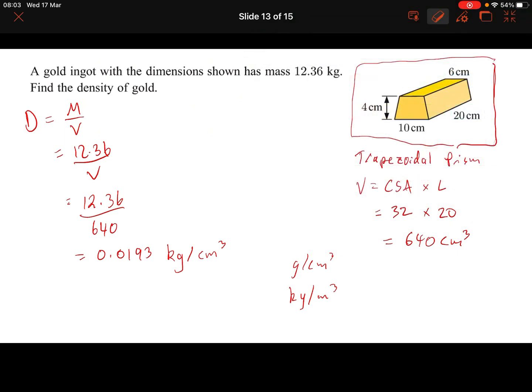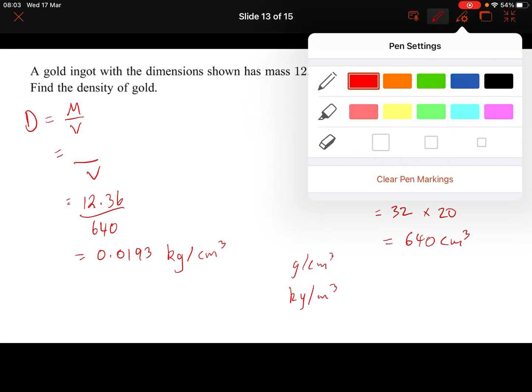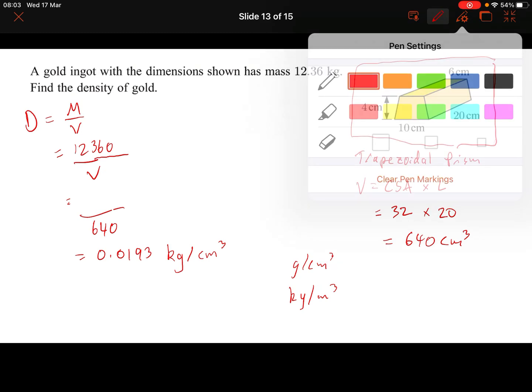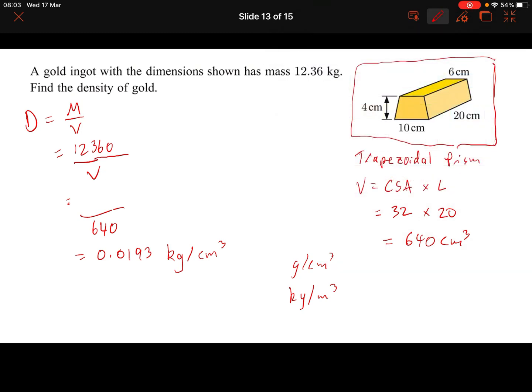What I need to do is change this 12.36 kilograms, times it by 1,000. That will be 12,360 grams. So let's change that to grams. That's the easiest way to do it. It's easier to change between kilograms and grams than it is between centimeters cubed and meters cubed, because you guys keep getting that wrong.